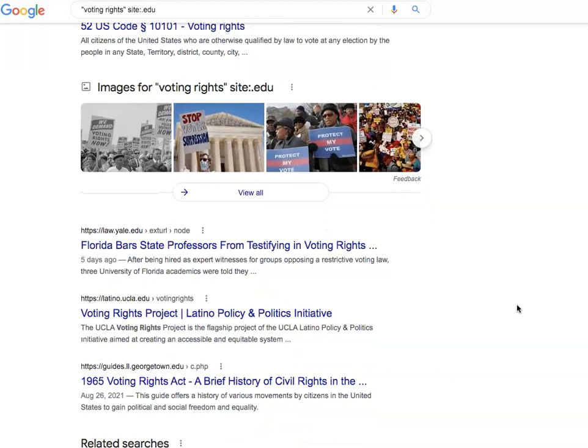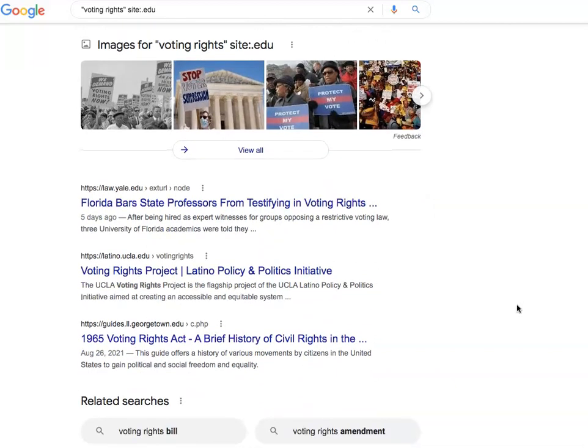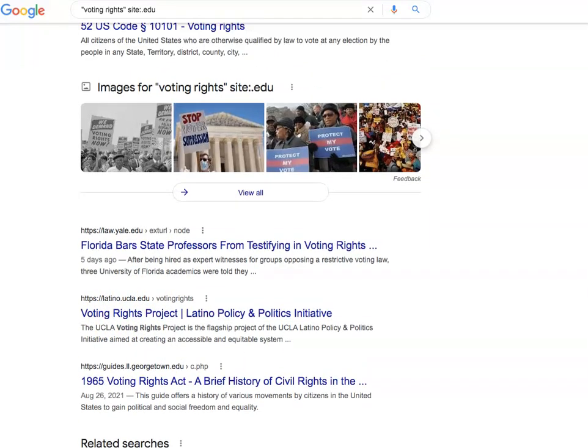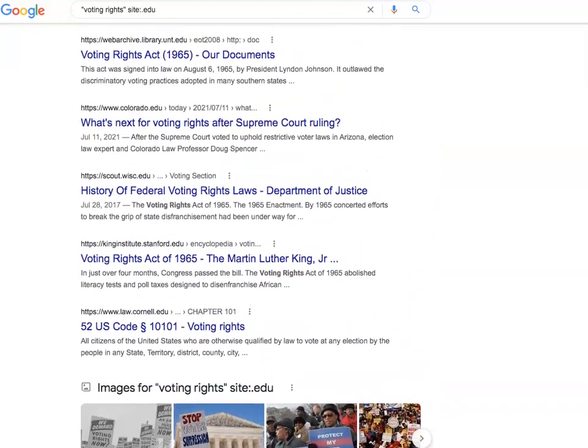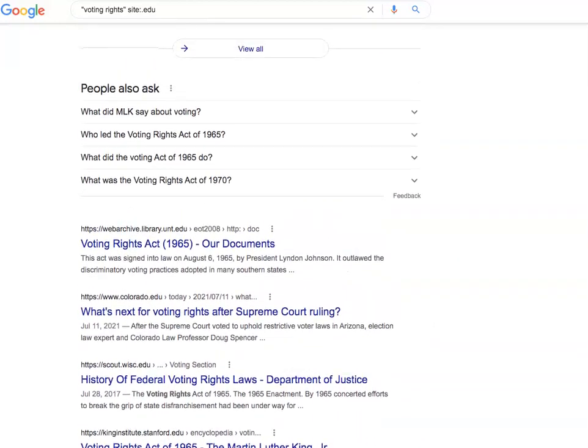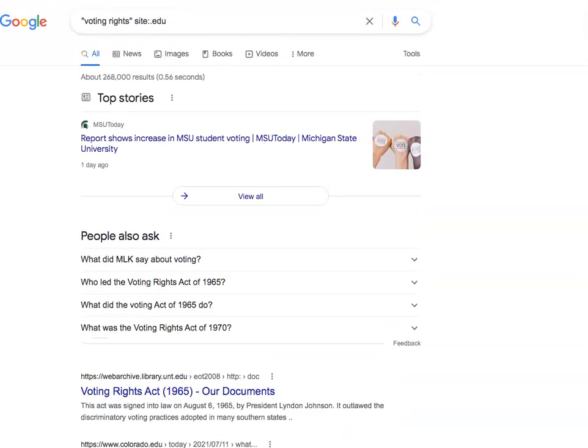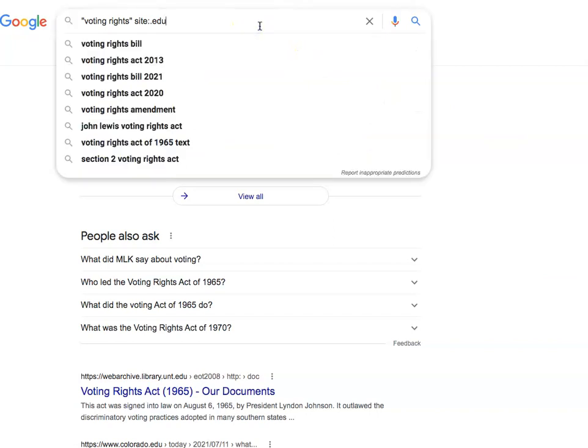Florida Bar State professors from testifying in voting rights. That's an interesting part, and voting rights projects that are in different colleges. So still, this is a really big piece, but I could put law, legislation, different people's names, different ethnic groups, areas, types, discrimination, and I could come up with some better documents, events, or things that would be really useful for me.